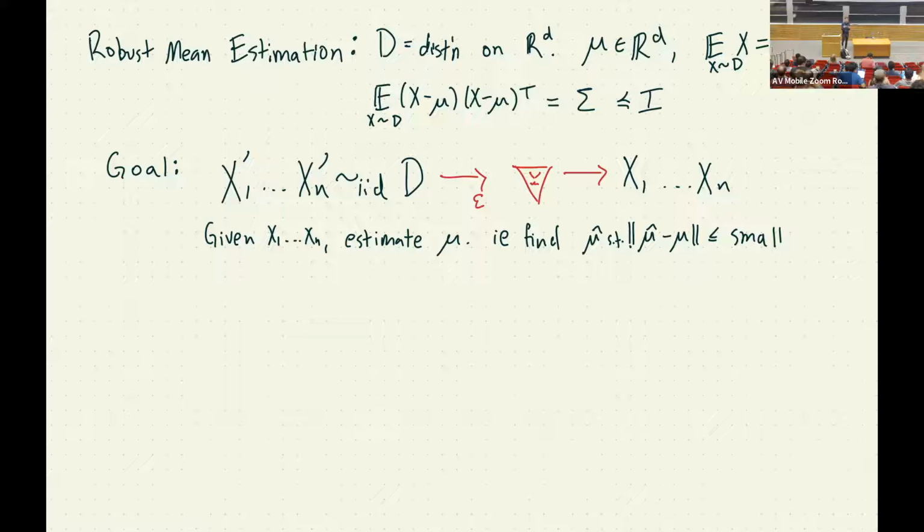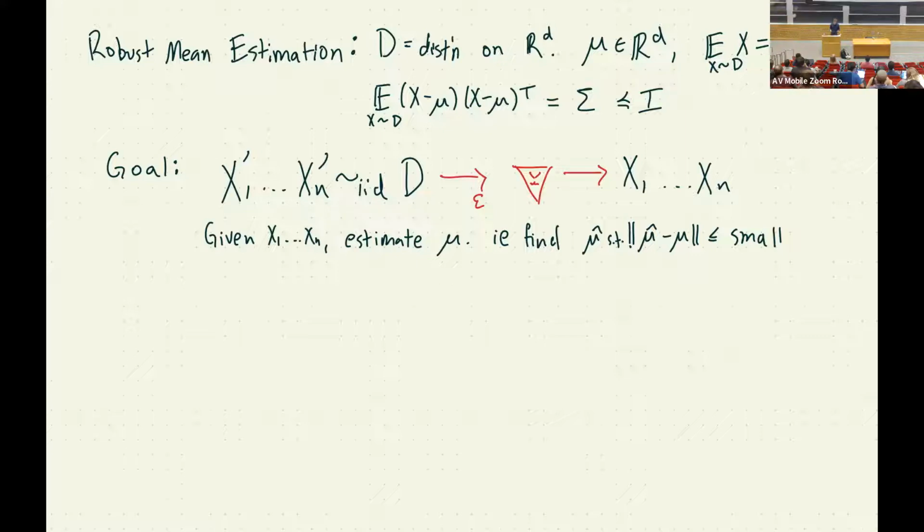Maybe those samples were drawn IID from some distribution that's only close to satisfying, say, this bounded covariance assumption, close in total variation distance. If that distribution is close in total variation distance, you can always model your samples as coming from this process.